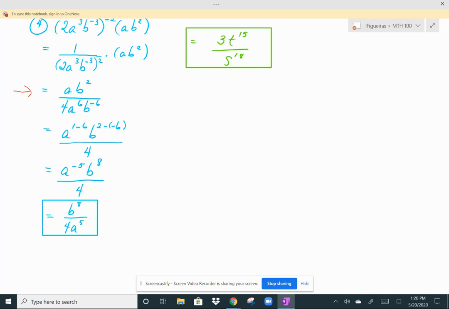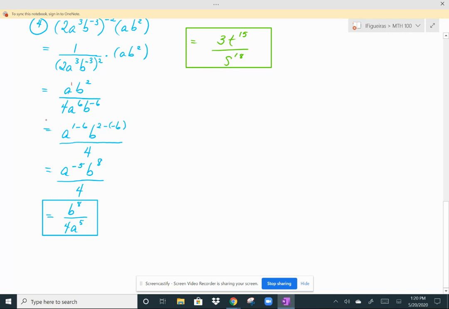All right, so now I'm going to use rule number 4 in order to combine the a's, since I have a's in the numerator and the denominator, and also to combine the b's because I have b's in the numerator and the denominator. So here, this a is a to the 1st power, even though it's not typical to write it.